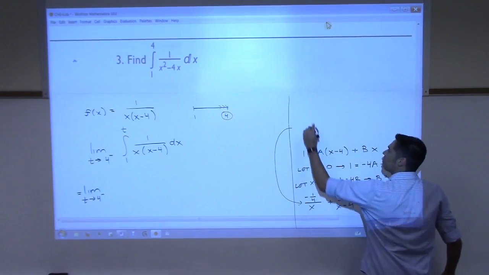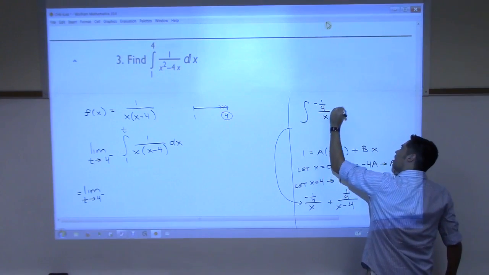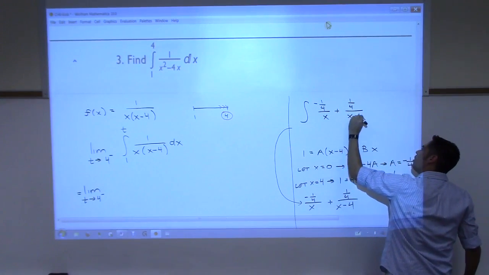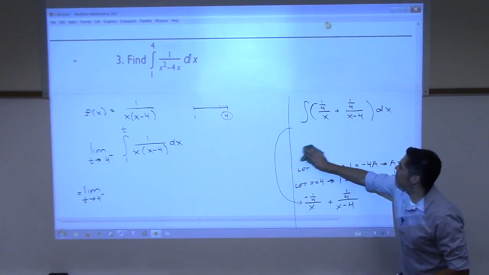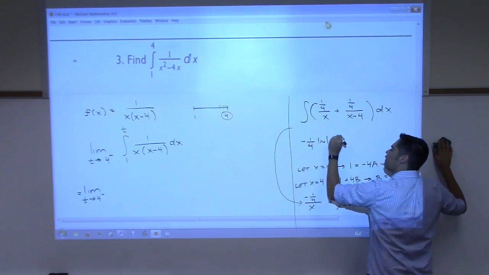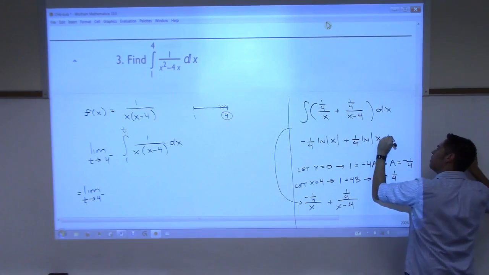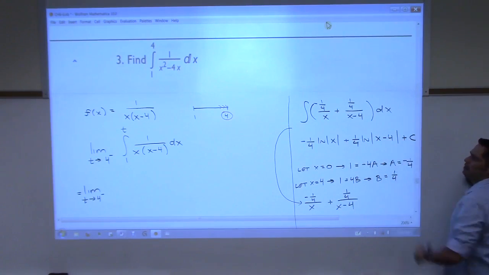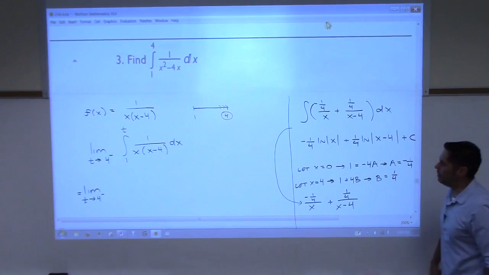If I integrate negative 1/4 over x plus 1/4 over x minus 4 dx, then that becomes negative 1/4 ln absolute value of x plus 1/4 ln absolute value of x minus 4 plus c, right? So that's the thing I'm going to plug in over there. And then I'm going to put the bar, and then I'm going to put a 1 and a t, and then I'll do a limit.